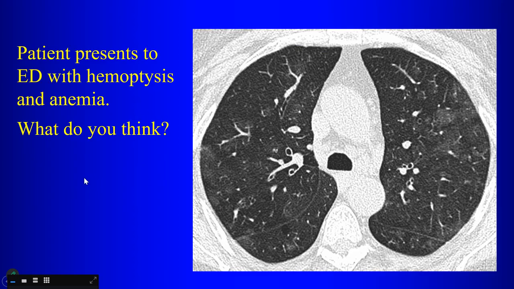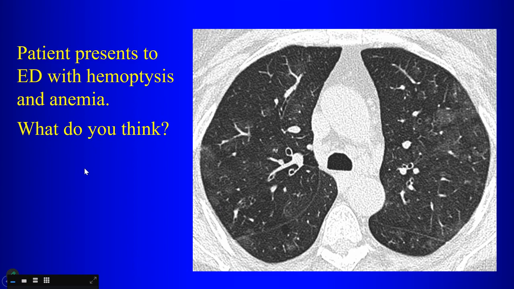So let's move on. This patient presents to the emergency room with hemoptysis and anemia. The finding on the CT scan is? Diffuse alveolar hemorrhage. Well, that's not the finding on the CT. The finding on the CT is? Ground glass. Yes, so you have ground glass opacities on the CT. Given this history, you are going to be thinking about diffuse alveolar hemorrhage, right?